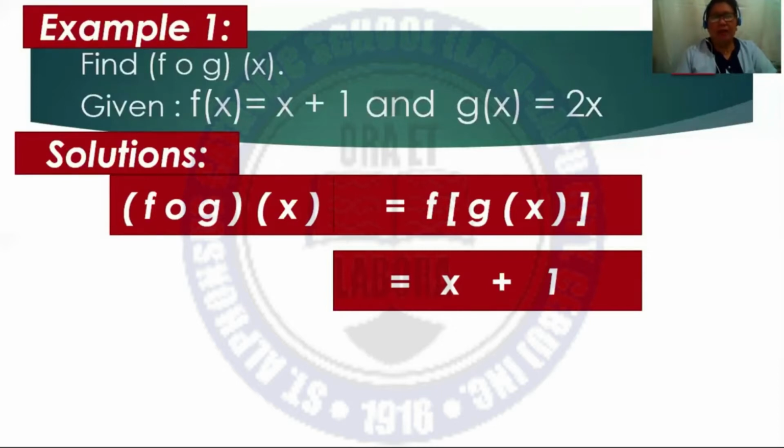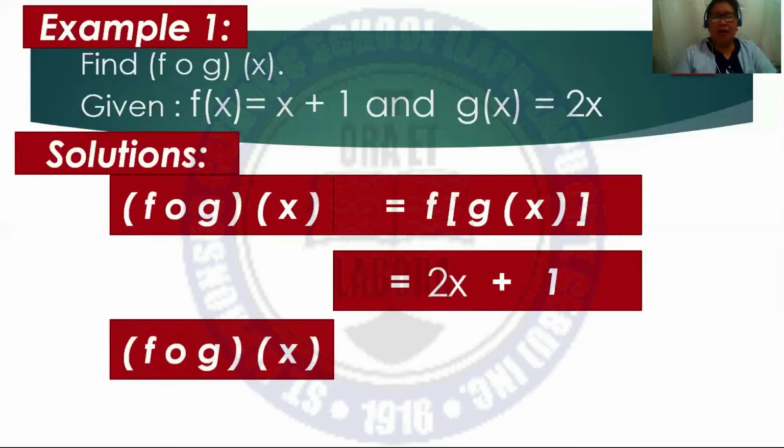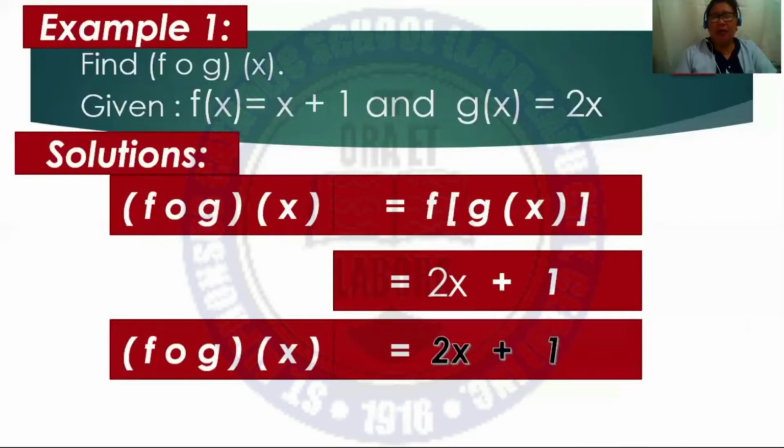So we have to follow the pattern of the function f, that is in x plus 1 form. We then replace x by 2x, and f circle g of x is equal to 2x plus 1, and 2x plus 1 is another function.